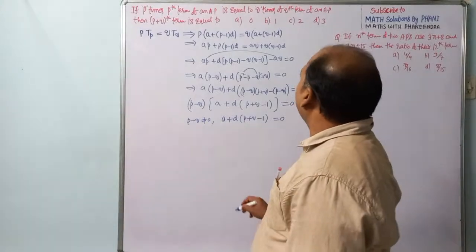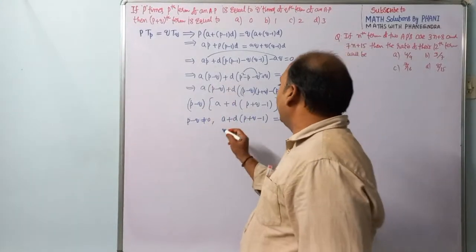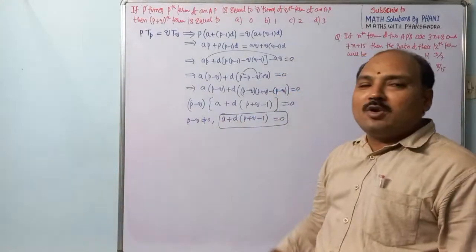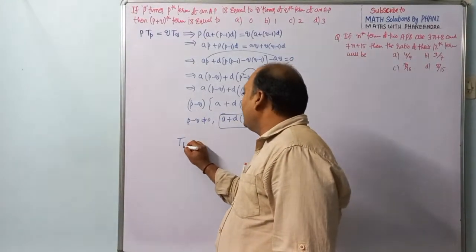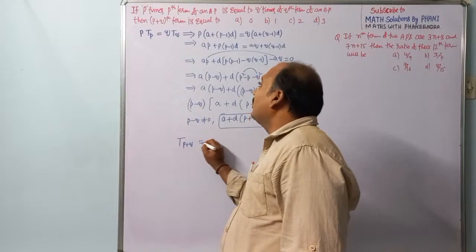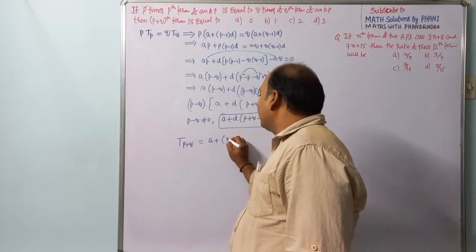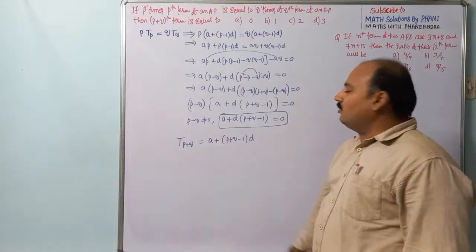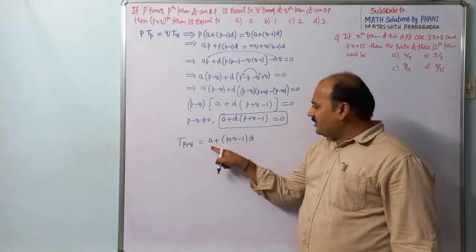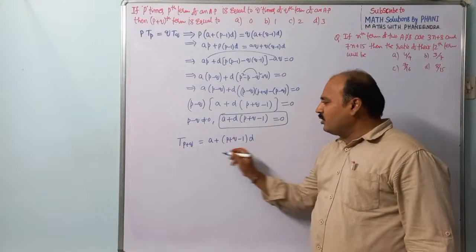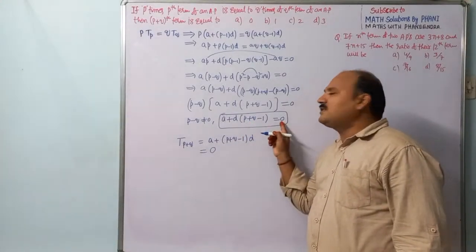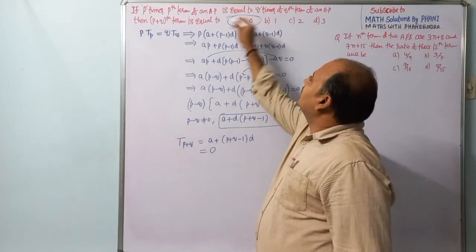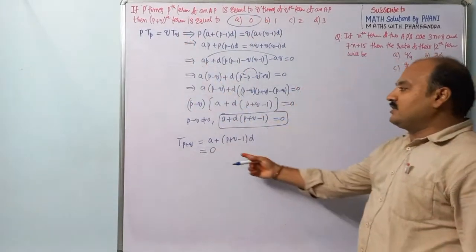After that, what they are asking to find is the p plus q term, equal to a plus p plus q minus 1 into d. Is it equal to a plus d into p plus q minus 1 only? What is the value? We got it as 0. So the answer is T(p+q) is equal to 0.